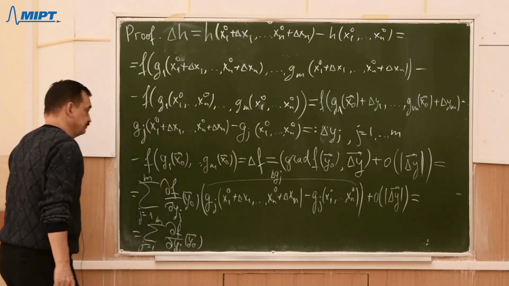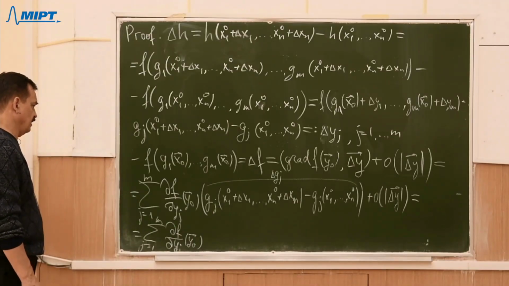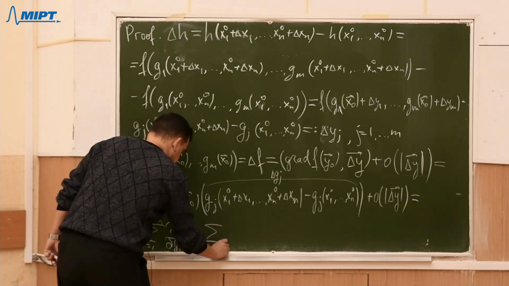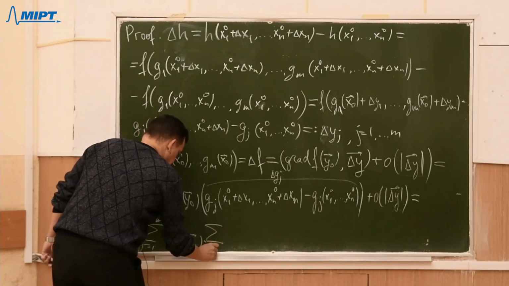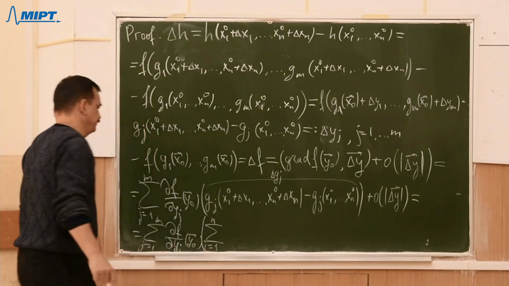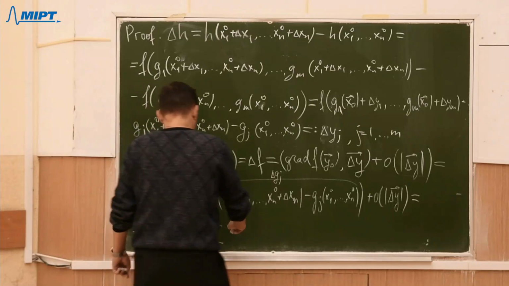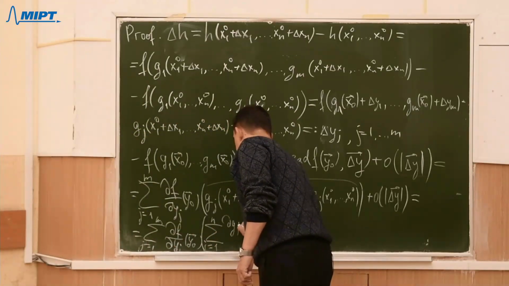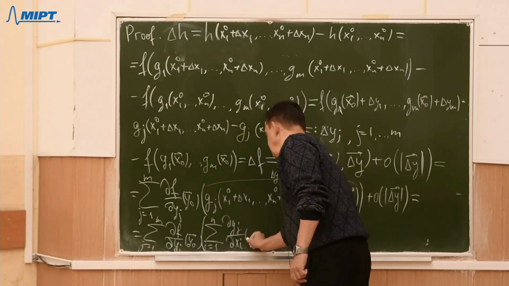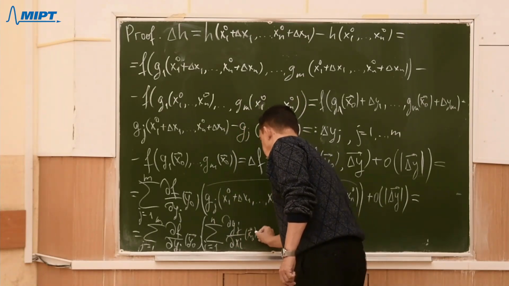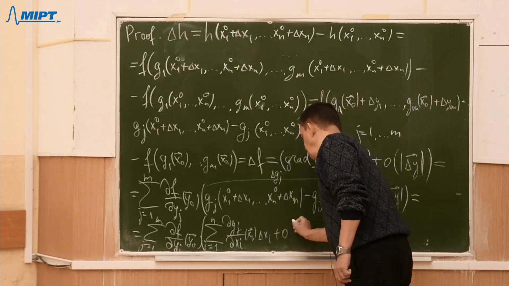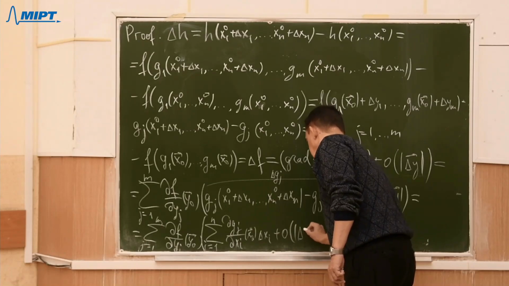right? And then sum over i from 1 up to n, okay, bracket, partial derivative of gj with respect to xi at the point x naught times delta xi plus little o of delta x.